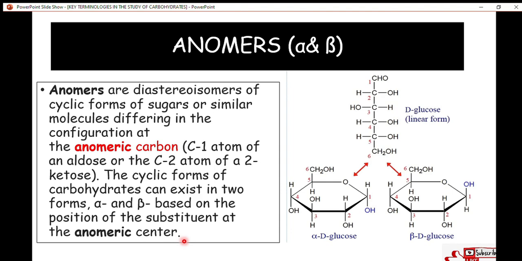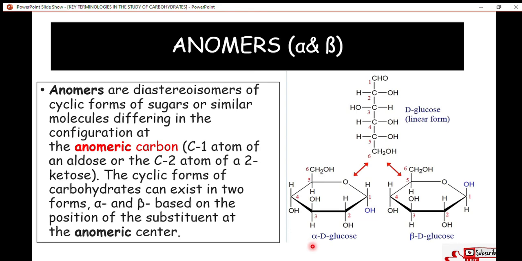The anomeric carbon is carbon 1 of any sugar represented in the Haworth projection. So this is the Fischer projection and this is the Haworth projection. Carbon 1 here is called an anomeric carbon, and this is also called an anomeric carbon.